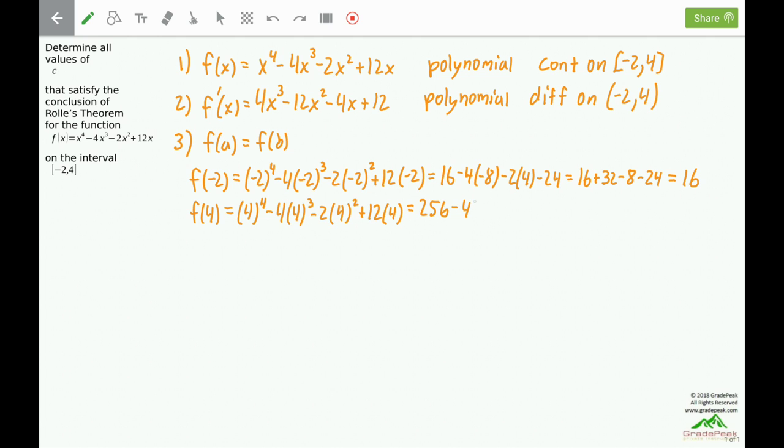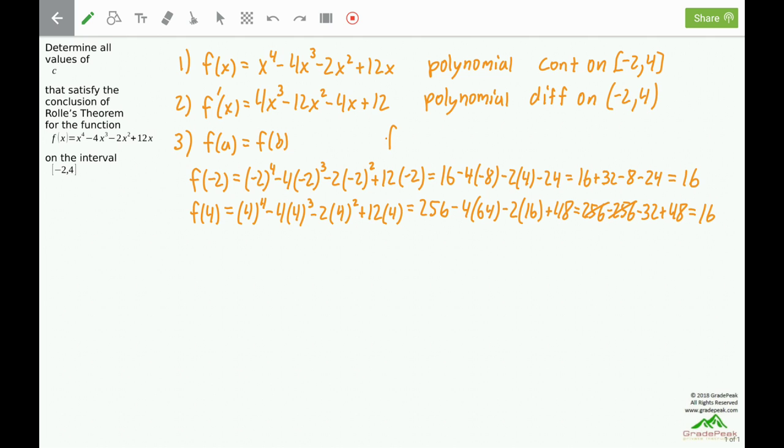Minus 4 times 4 cubed, which is 64, minus 2 times 4 squared, which is 16, and then plus 12 times 4, which is 48. This gives 256 minus 4 times 64, which is minus 256, so those cancel. Minus 2 times 16 is minus 32, and then plus 48. So the 256's cancel, and minus 32 plus 48 is 16.